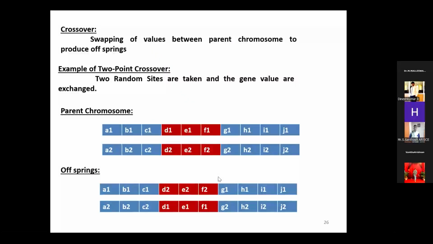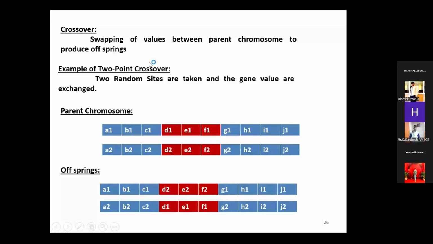How to proceed once you form the chromosome in the genetic algorithm application. The concept of crossover is nothing but the swapping of values between the parent chromosomes to produce offspring. Actually, crossover is to get better fitness, because once the parent chromosome has a weaker spot in the weight combination, the weight combination must be made better by going for better offspring.